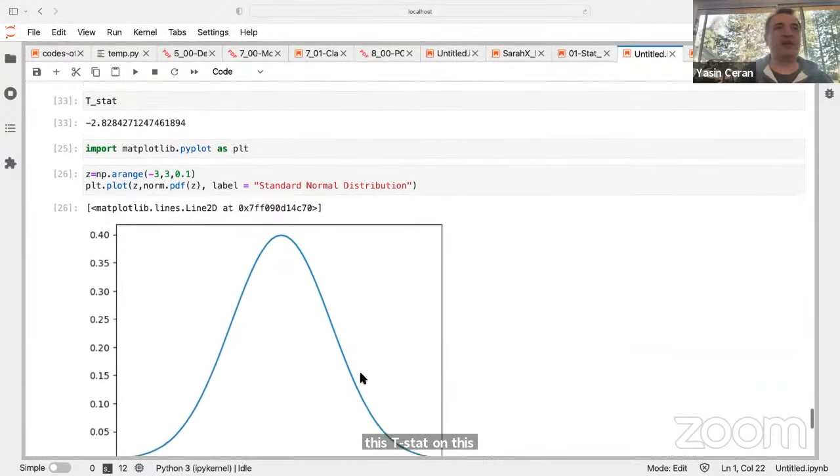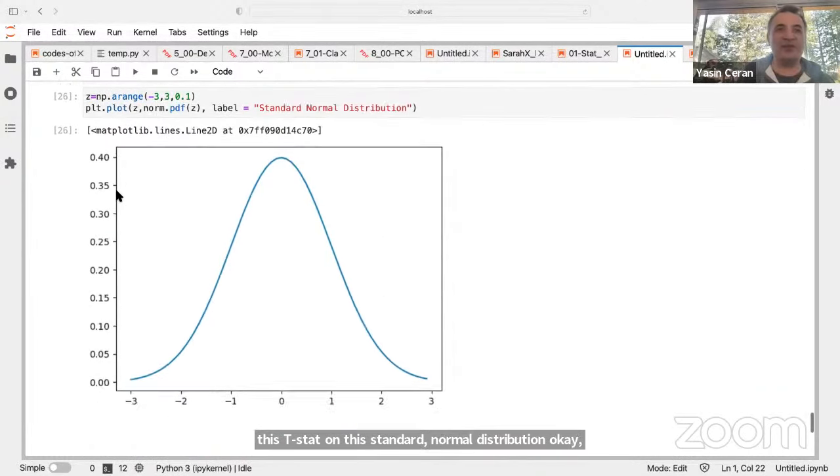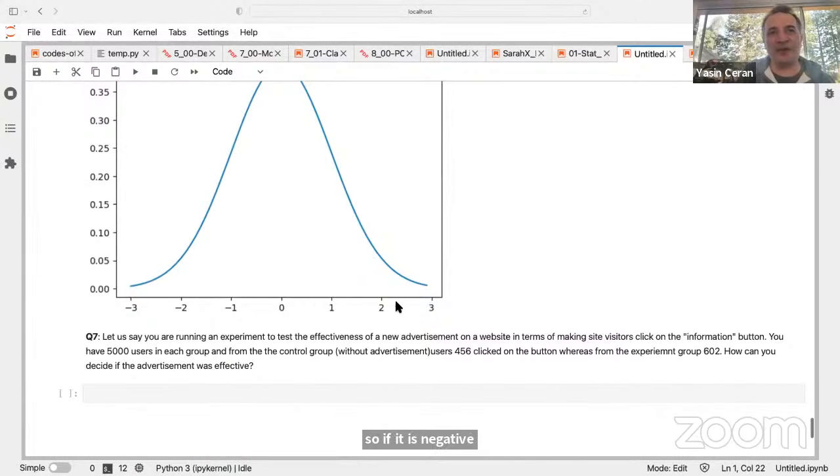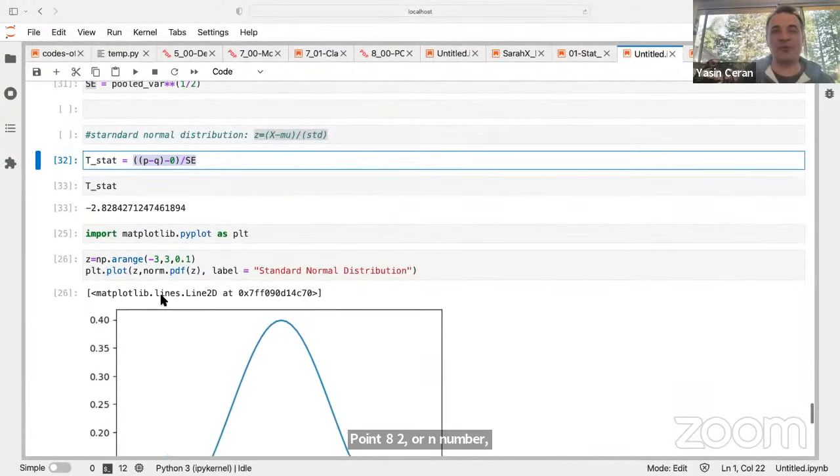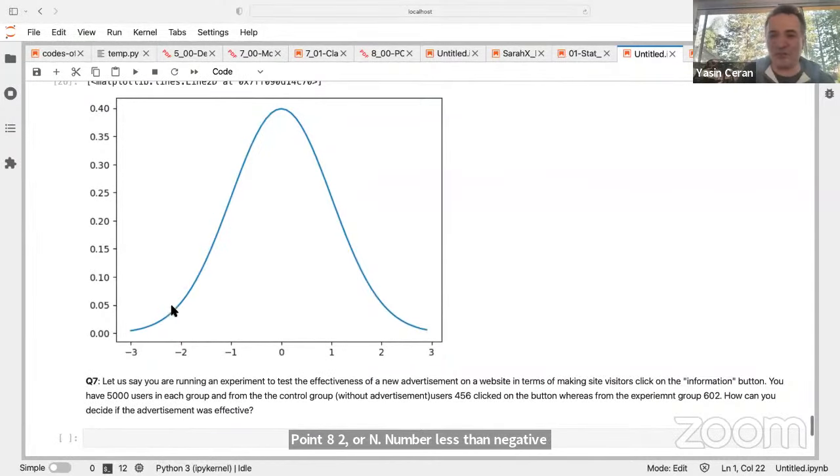If it is negative 2.82, I can locate it on this number line. Then I can calculate the probability that I get either negative 2.82 or any number less than negative 2.82.